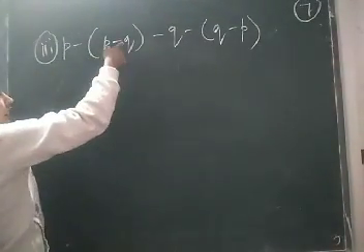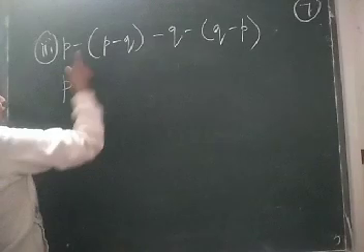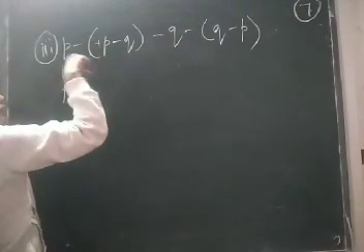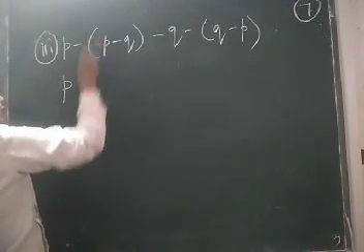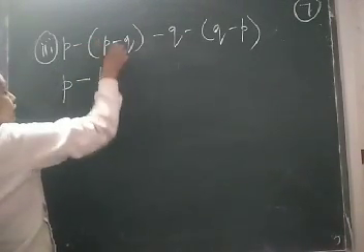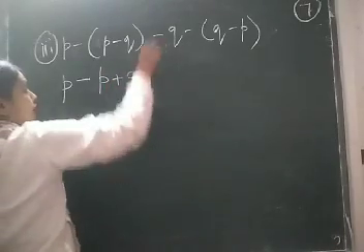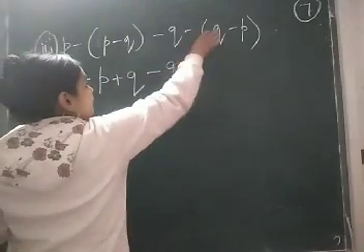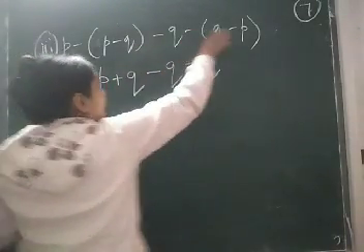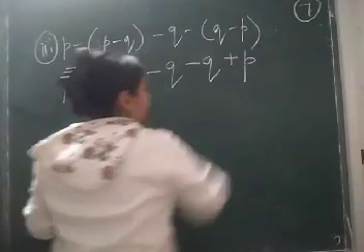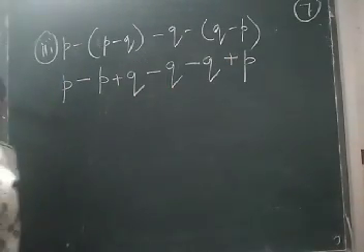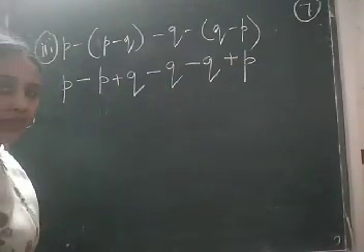So the minus sign multiplies inside. So t minus nothing here means it's a plus. So minus plus, minus p, minus minus plus q, minus q, minus plus minus q, minus minus plus. Okay, now plus and minus of the same terms will get cancelled.